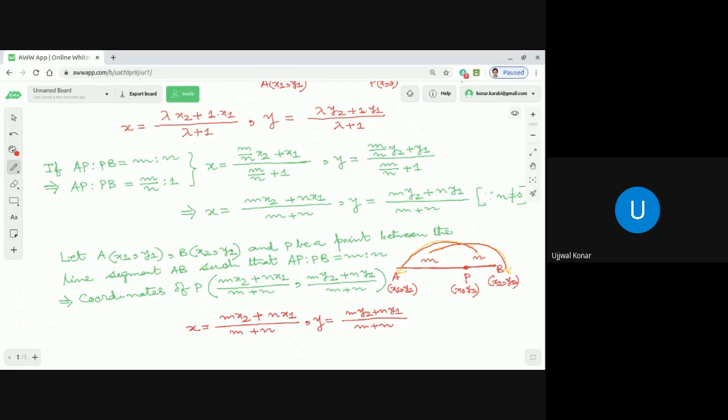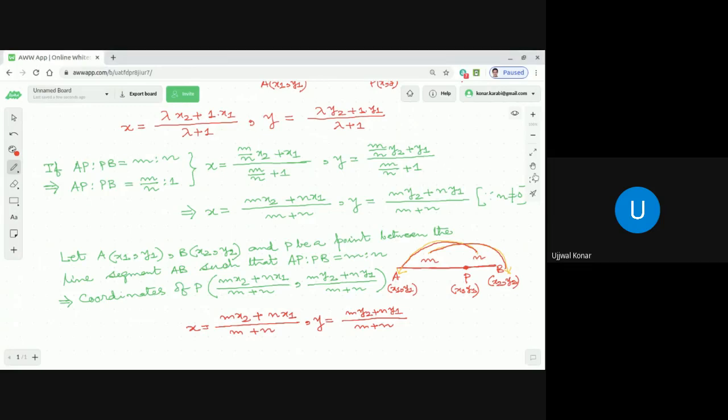And this kind of section is known as the case when the point P is internally making a ratio of the line segment AB. So we can say that P divides the line segment AB in the ratio m is to n internally. That internally statement is important, dear students. You will feel its importance when you understand what is external.